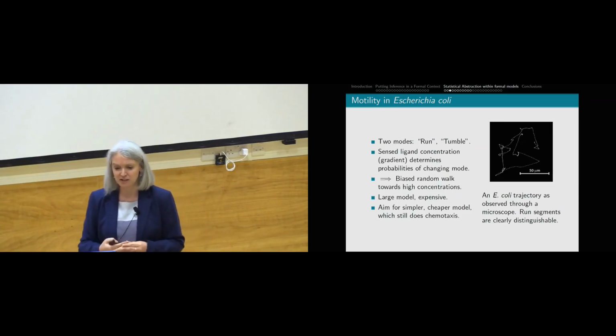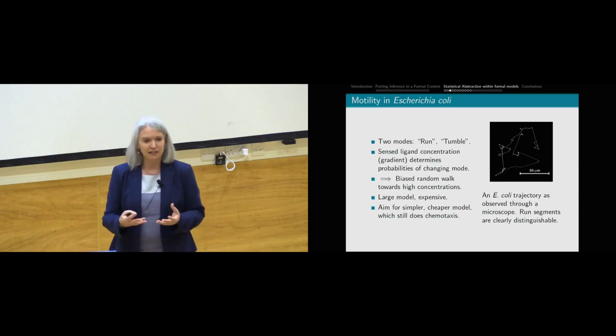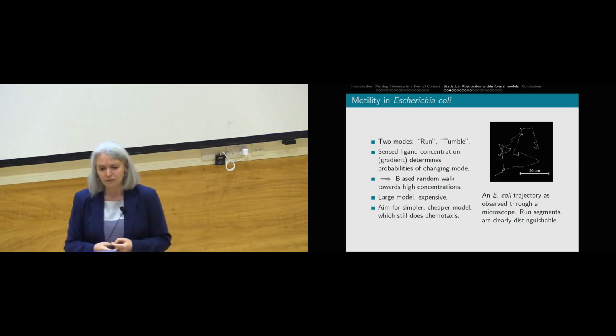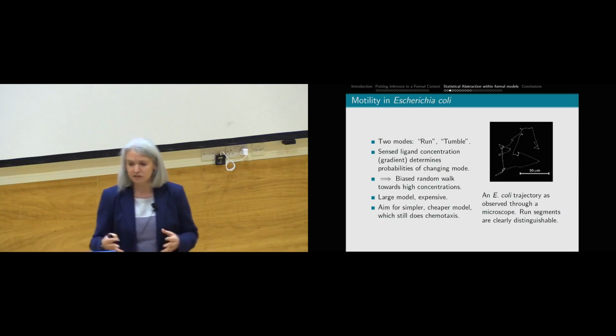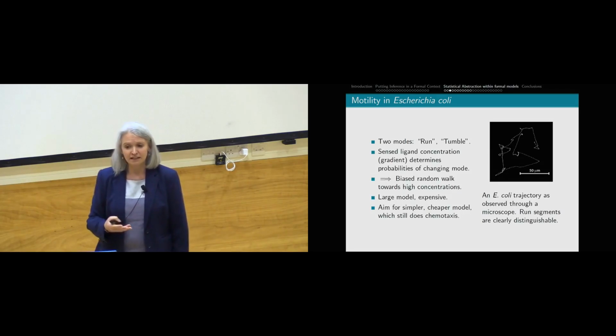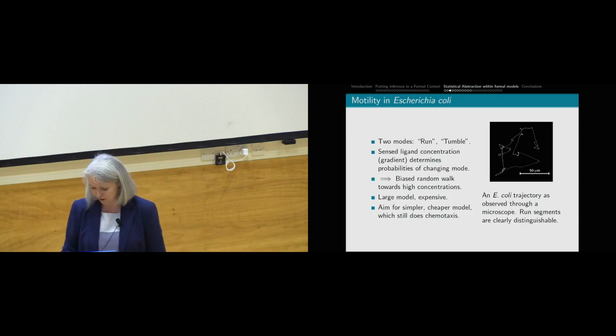And then this produces a biased random walk, which should move it towards higher concentrations. And these are complicated models for very simple mechanisms and take quite a long time. So I'm going to show you what's already not a full model, but a fairly realistic model, and it takes about 450 minutes to do a full simulation of E. coli in a field.